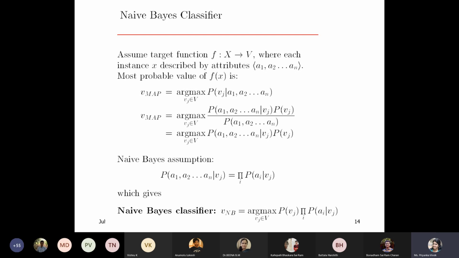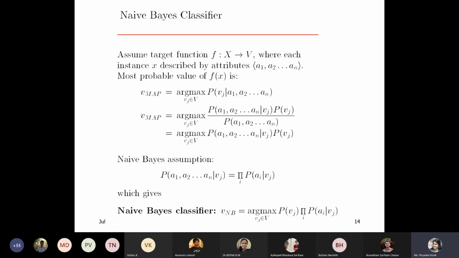Okay, so that is how you will consider this particular term, because you are taking an assumption that given the class, your attributes are independent of each other. Of course, you may have a doubt that in a real case scenario, it may not be like that. That is there, but we are not considering that.